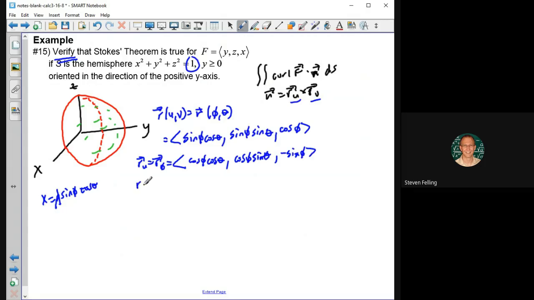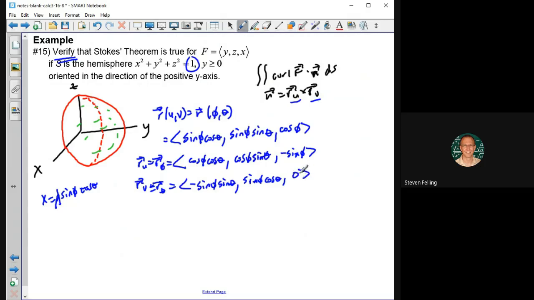Okay, and then the RV, that would be R theta in this case. So take the partial derivative with respect to theta. The derivative of cosine is negative sine, so it should be negative sine phi sine theta. And then the derivative of sine is cosine, so it's going to be sine phi cosine theta. And then there's no theta here at all, so that's 0.